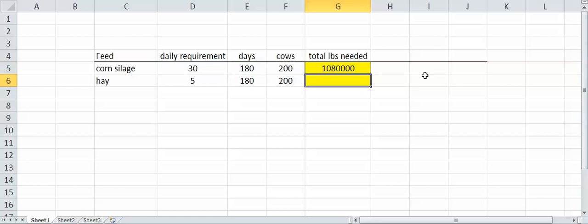When I hit enter, there's the 1,080,000 pounds. Notice I had commas put in that number by just clicking the comma button here.